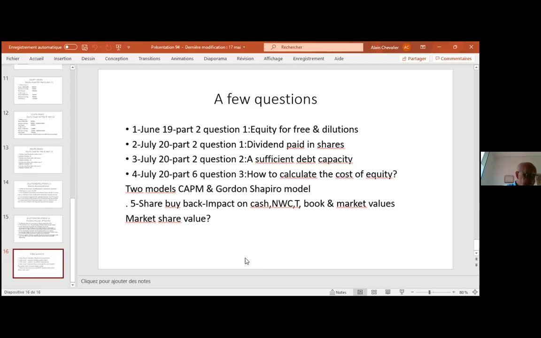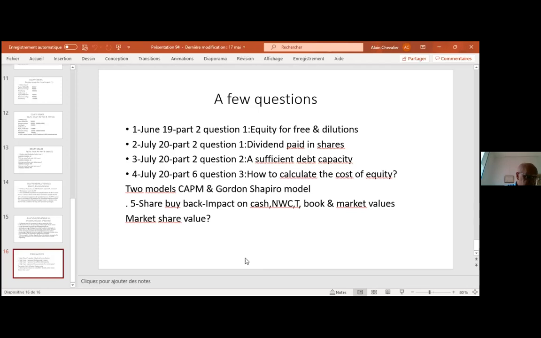So I did what I do generally in that kind of session. It was session number 4, mainly centered on equity issues. I went back on a few points to summarize what we did in session 3, went through a few questions, 3 questions in that case, on what we did in the preceding session to have a transition with session 4.